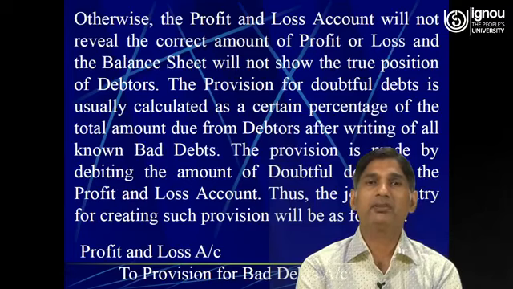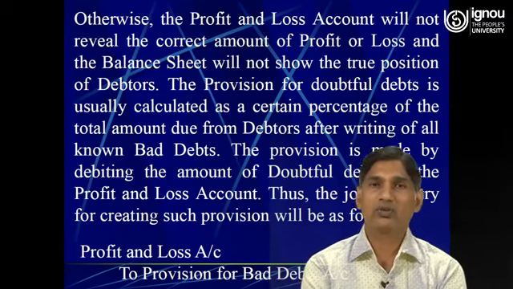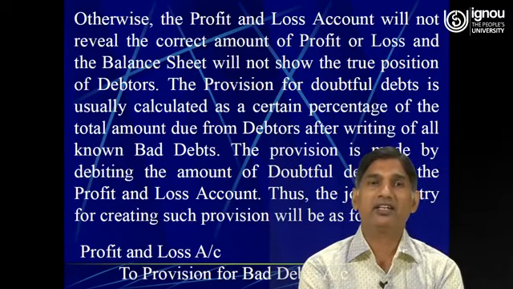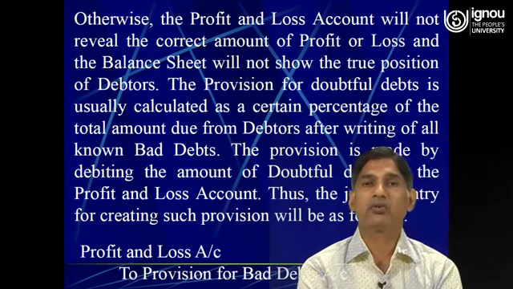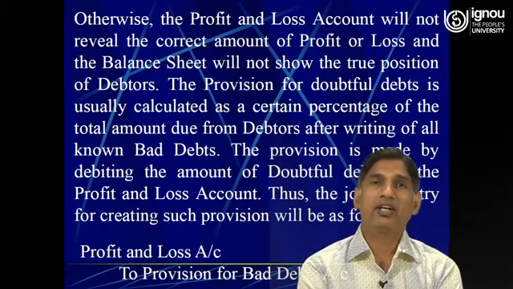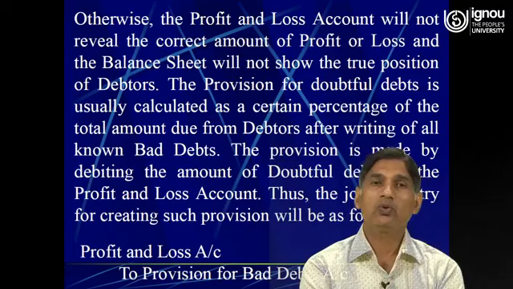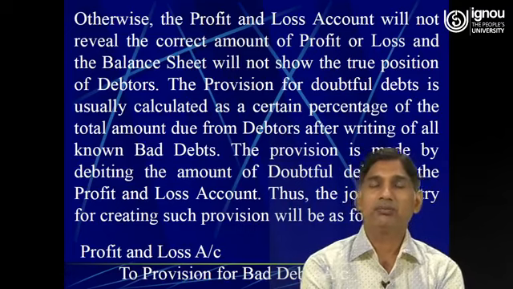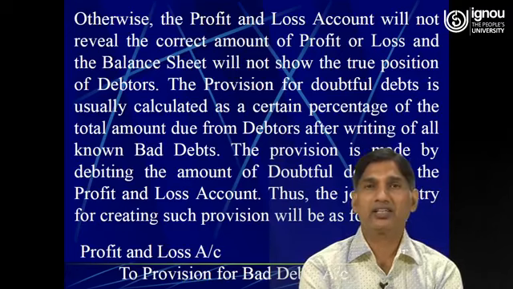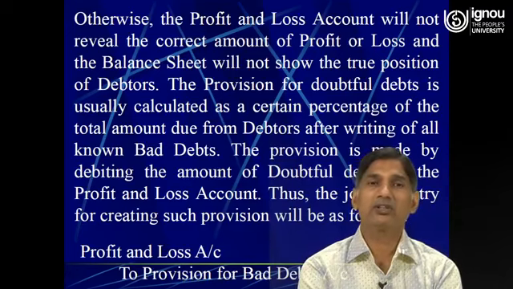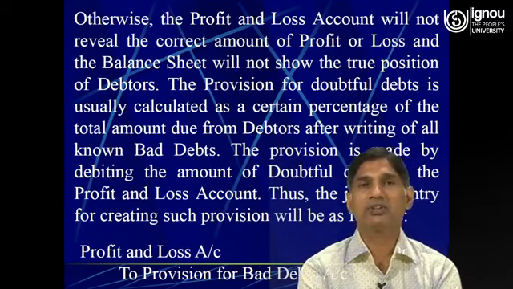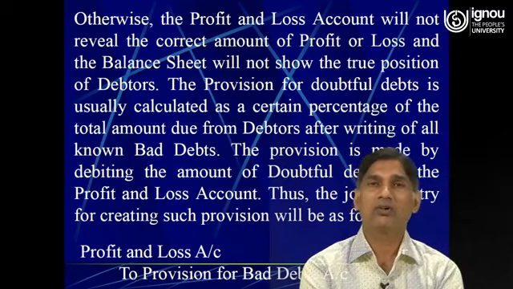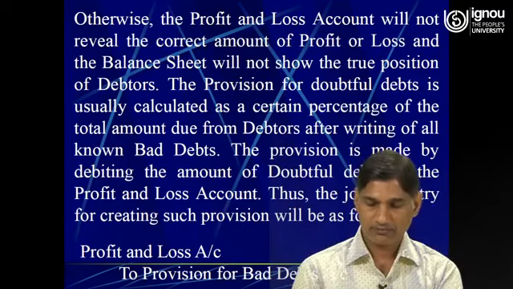The provision is made by debiting the amount of doubtful debts to the profit and loss account. Thus, the journal entry for creating such provision will be profit and loss account debit to provision for bad and doubtful debts. Since the provision for bad and doubtful debts is again a loss for the business, and any loss for the business is always charged to the profit and loss account.